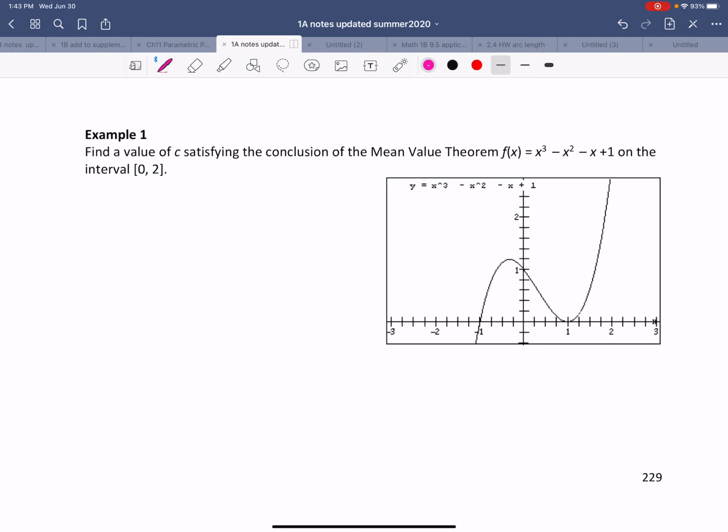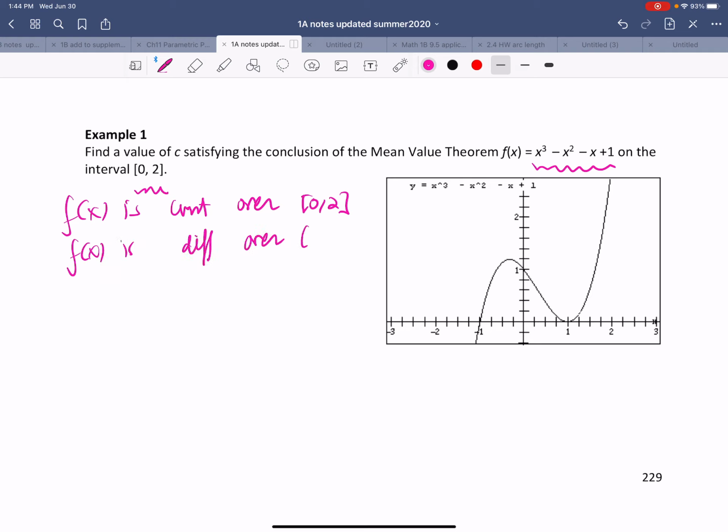Let's see the use of the mean value theorem. Find the value of c satisfying the conclusion of the mean value theorem. Here's a function given to us, and we're given the interval 0 to 2. First of all, the mean value theorem only applies if the function is smooth, continuous, and differentiable. So we know f of x is continuous over 0 to 2, and f of x is differentiable over the open interval 0 to 2.